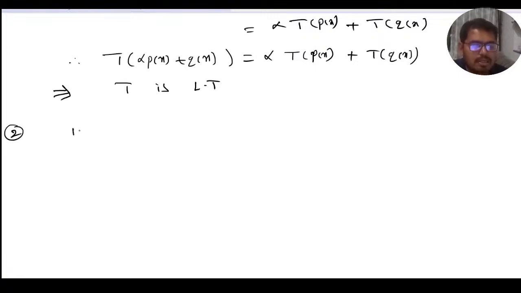The second map is defined as T of p of x is the integration from 0 to x of p of x dx. Is it linear? Check.